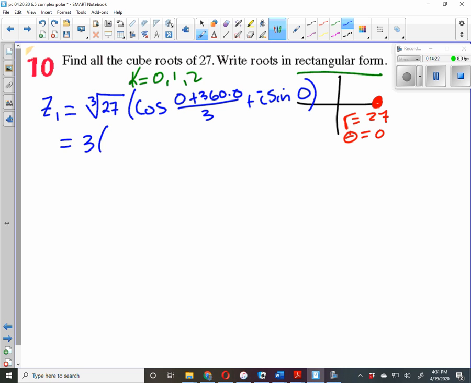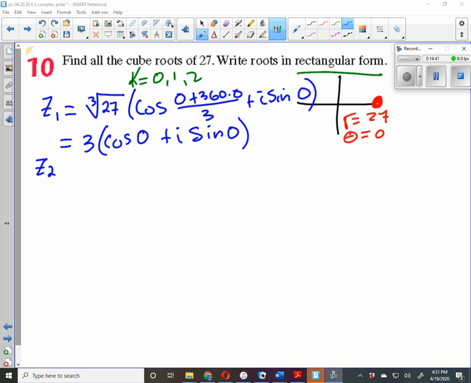Or 3 cosine 0 plus i sine 0. Oh, and I did that. Those should be zeros, not thetas. Okay? So that one wasn't so bad.